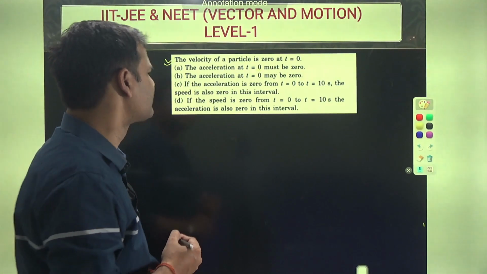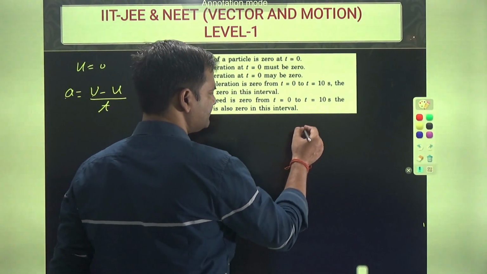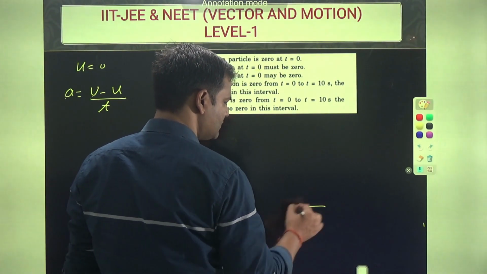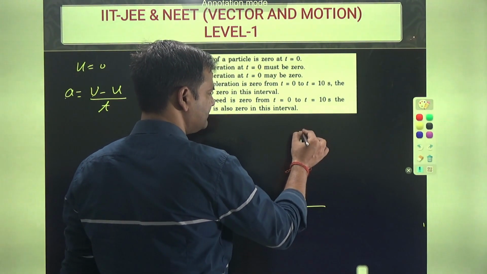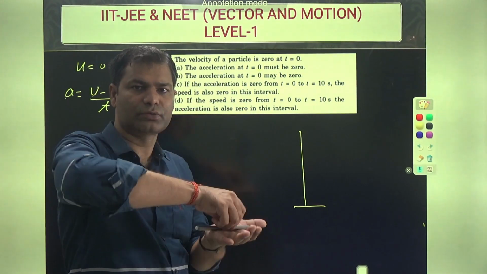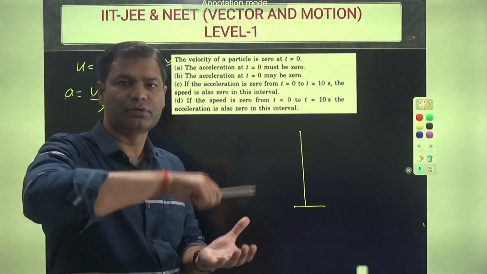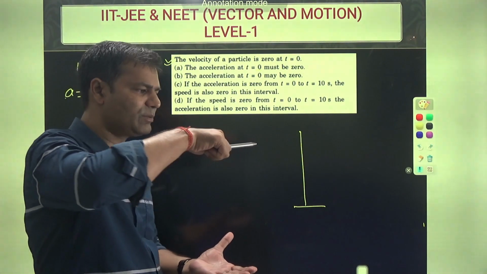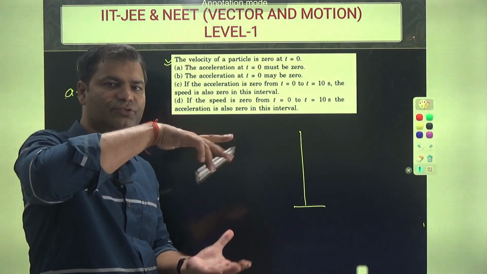Take an example. Suppose this is the ground and a particle or a ball is at height h. What about the initial velocity at t = 0? That is 0.